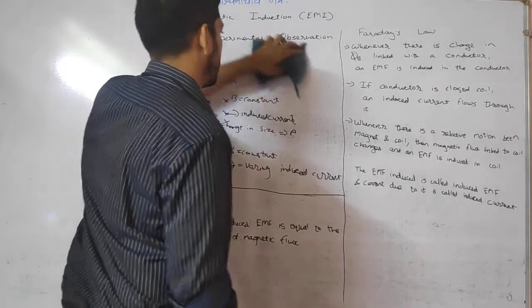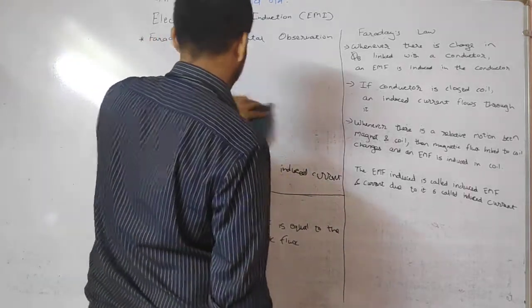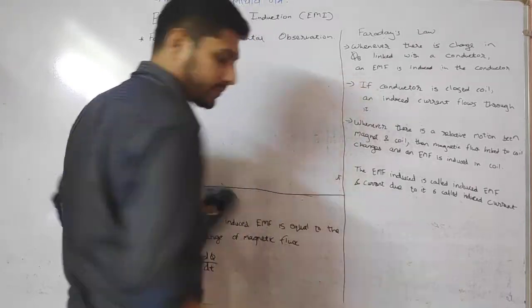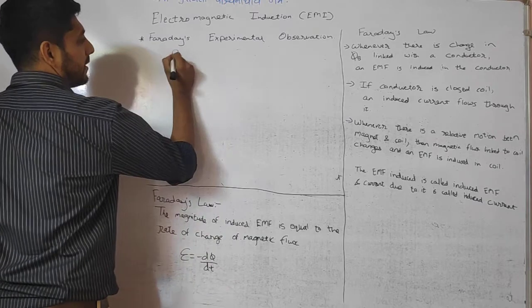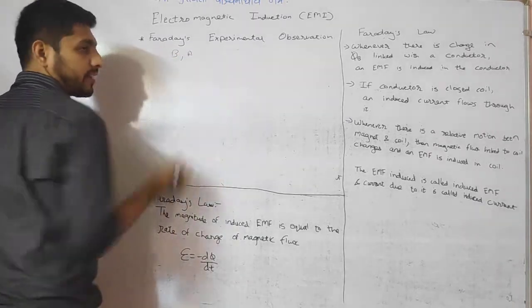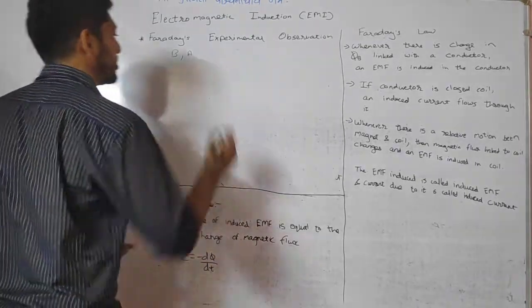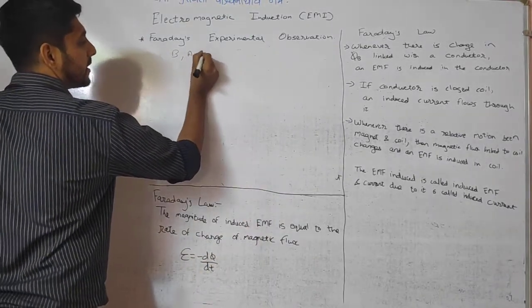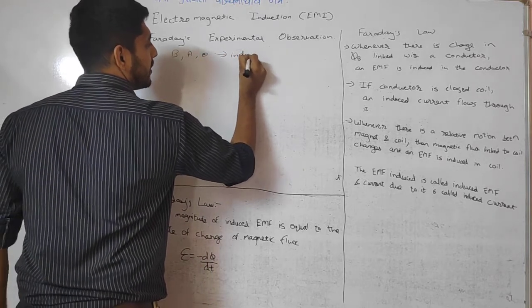You can pause and copy it, or just go back and copy it. So what he observed is that on changing B, on changing A, that is the size, the area will obviously change if you change the size, and on changing theta, there was induced current.